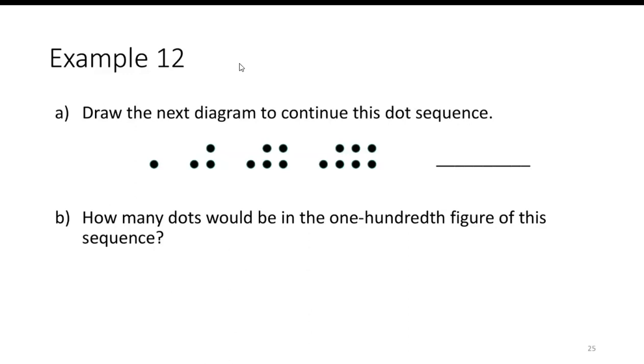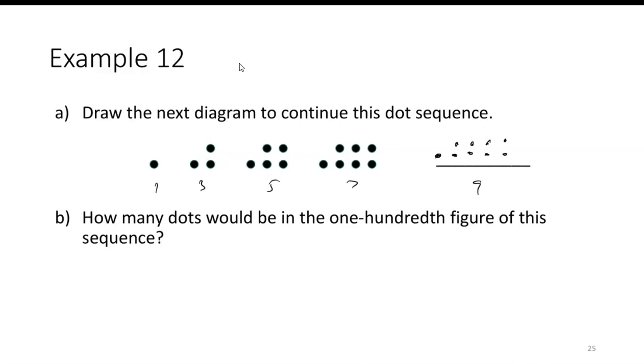Let's try a visual pattern. So we have 1 dot, then 3 dots, then 5 dots, and 7 dots. Looks like the next one would be 9 dots after that. So I went from 1, 3, 5, 7, 9 dots.